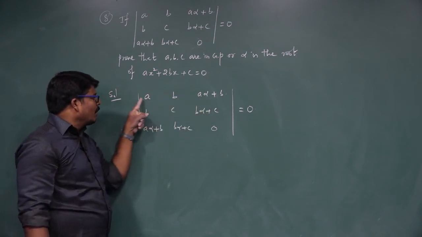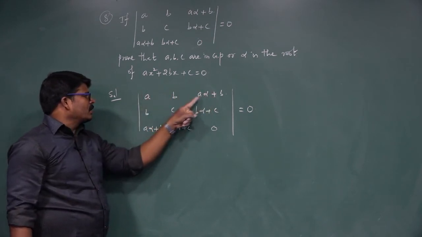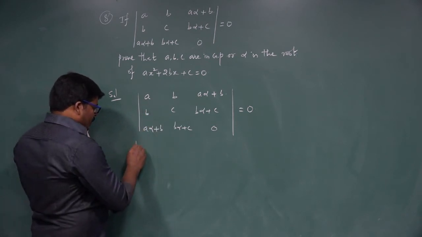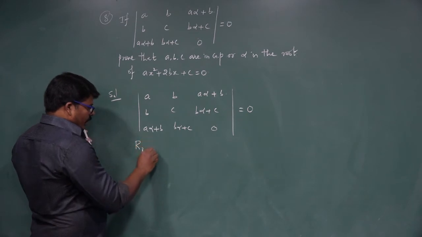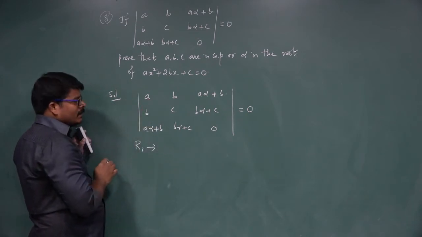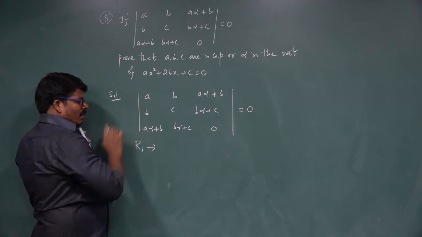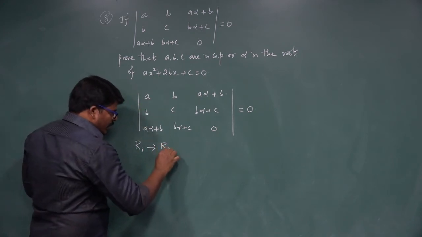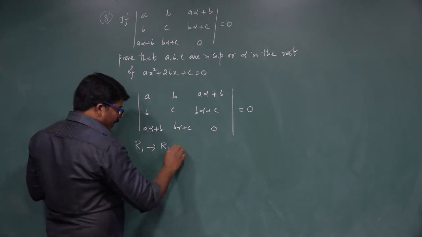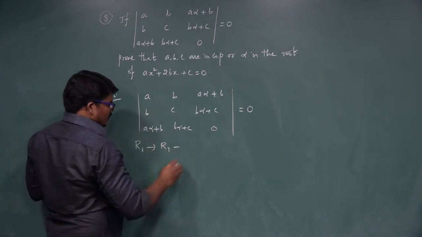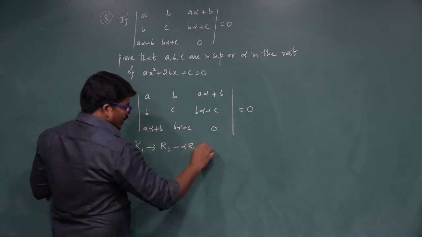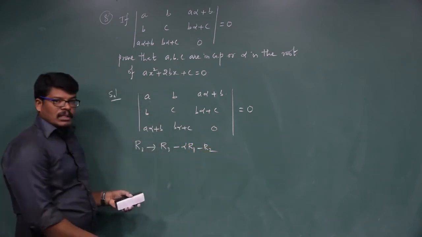Now the first row is multiplied by alpha. We can write R3 gives R3 minus alpha R1 minus R2.